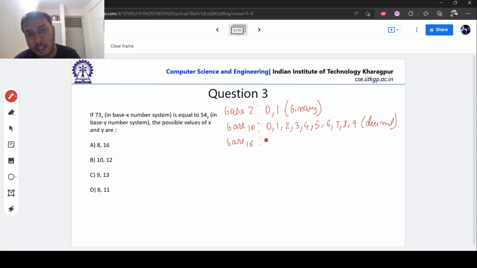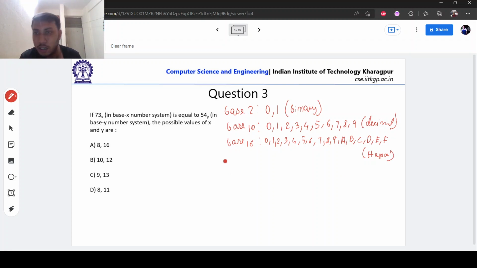Again we have 16 such symbols that can be represented: 0 1 2 3 4 5 6 7 8 9, and then A, B, C, D, E and F. So these are the hexadecimal numbers.